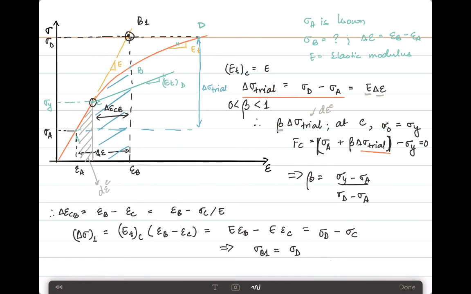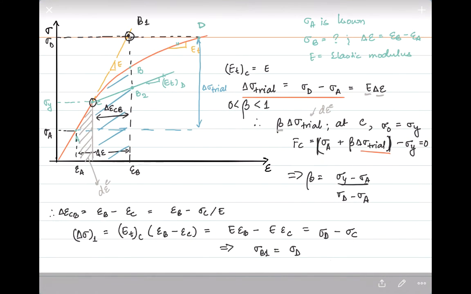So I can draw this particular tangent, and when a strain delta epsilon CB is applied in this region, at the strain epsilon B, I will get a new point over here, which can be written as B2. So we can calculate this whole step, which was done for delta sigma 1 using the ETC, also now for ETD.